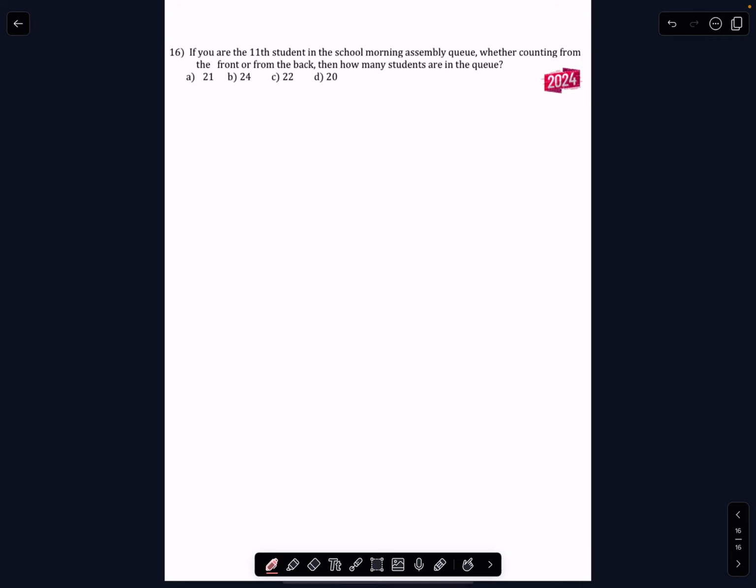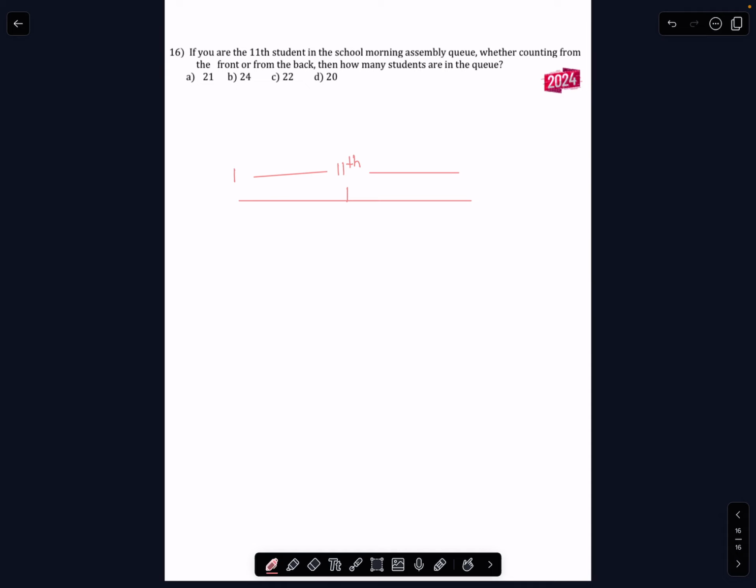Number 16 says, if you are the 11th student in the school morning assembly queue, whether counting from the front or from the back, then how many students are in the queue? So basically, you have a line, right? And you're the 11th person in the line. Whether you're counting from the front or from the back, it's the same thing.